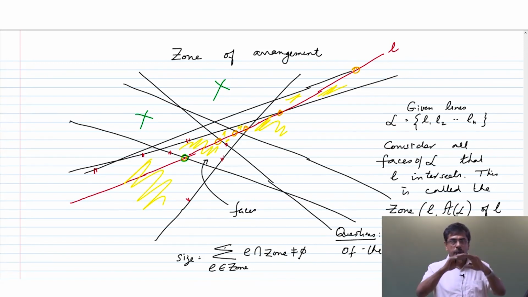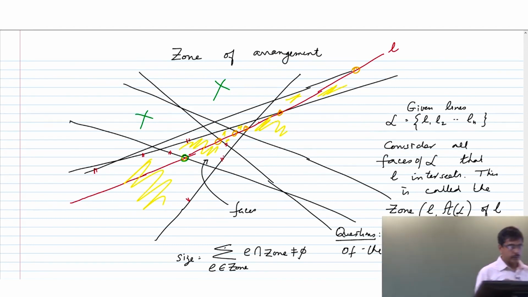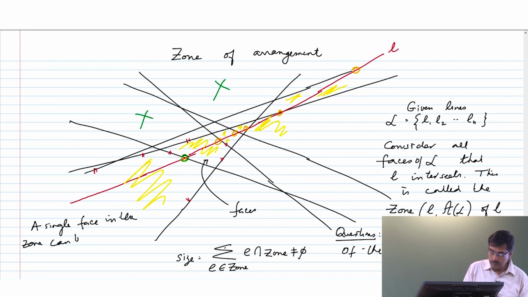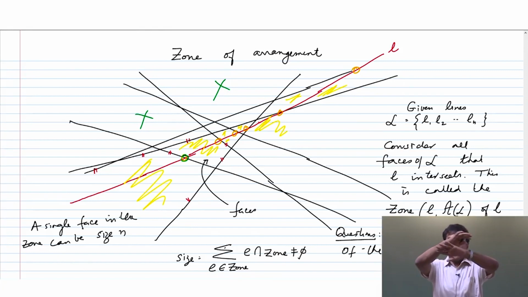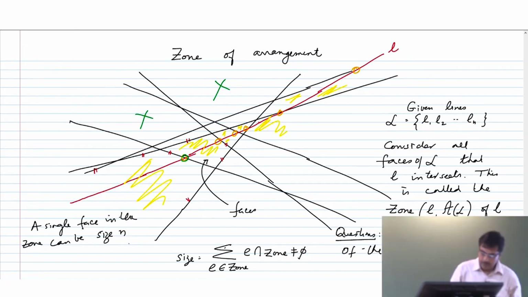Now, you can see that one face can be very large. I could have a situation where a single face in the zone can be of size n. Do you believe this? It is like I look at the intersection of all the lines, and that intersection can have size n, because I can make a situation like this.